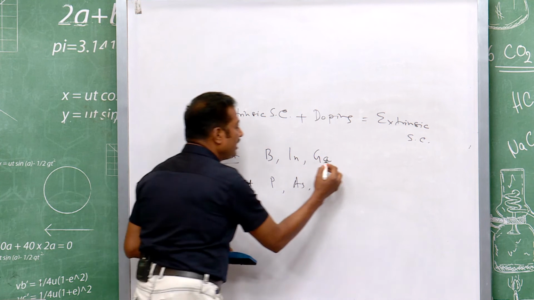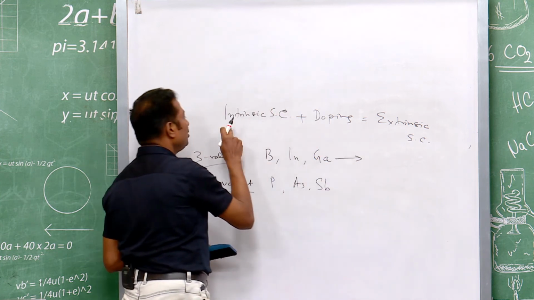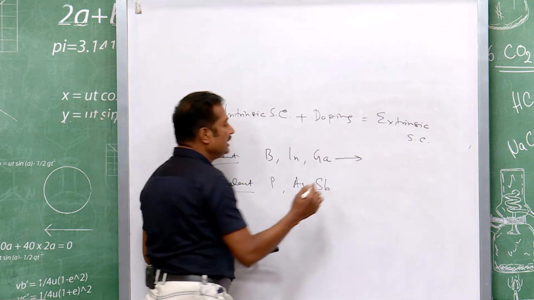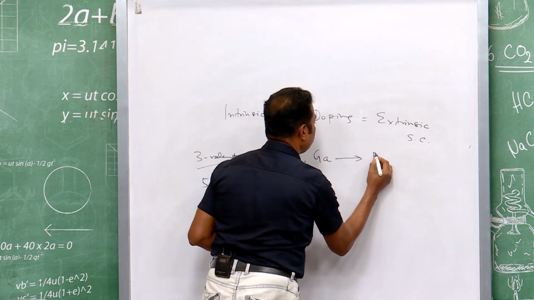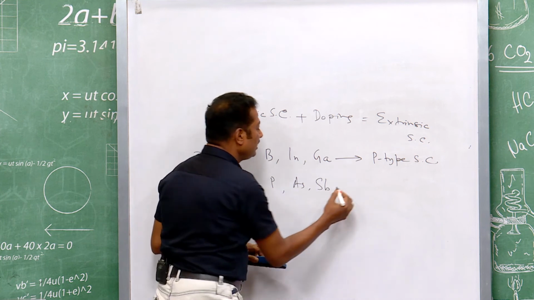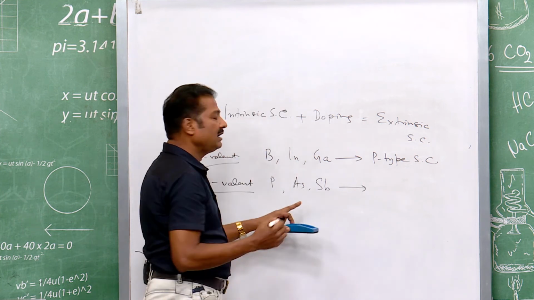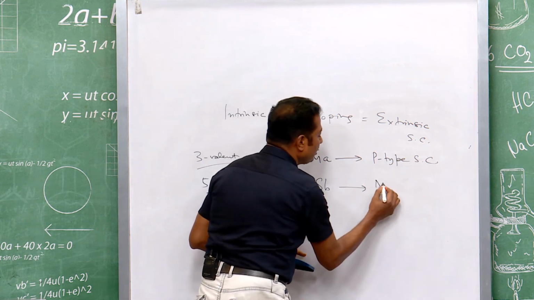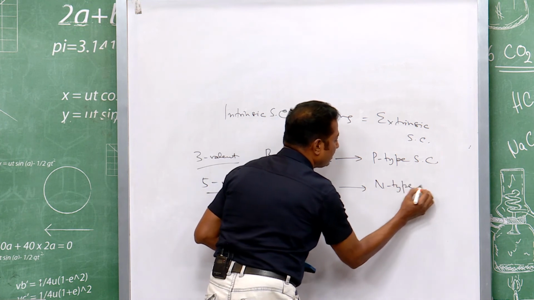When the trivalent impurity is added to the intrinsic semiconductor, it gets a p type semiconductor. When a pentavalent impurity is given, it becomes n type semiconductor.